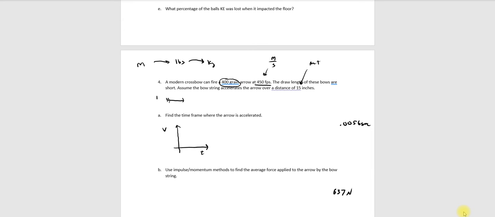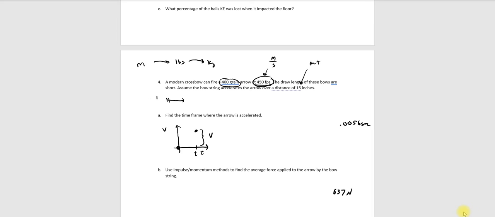And at t equals 0, the arrow's not moving yet. Sometime later, which you don't know, the arrow is moving at some value, which is the 450 feet per second. Now, you can either put that number in feet per second or meters per second. It'll work fine either way. You just have to be consistent.